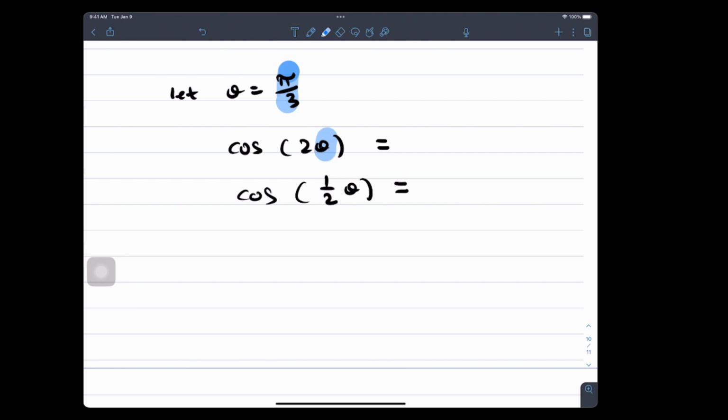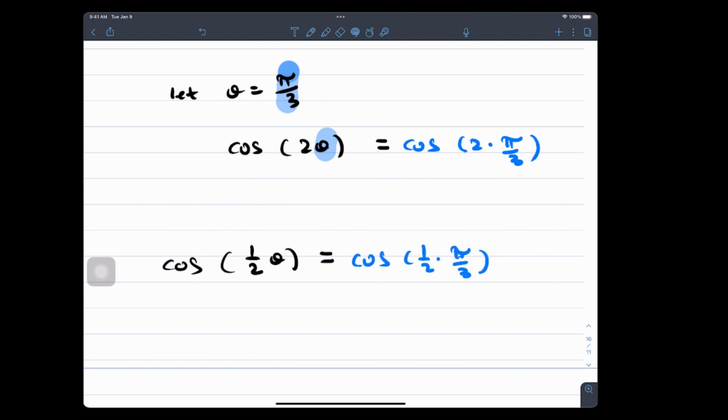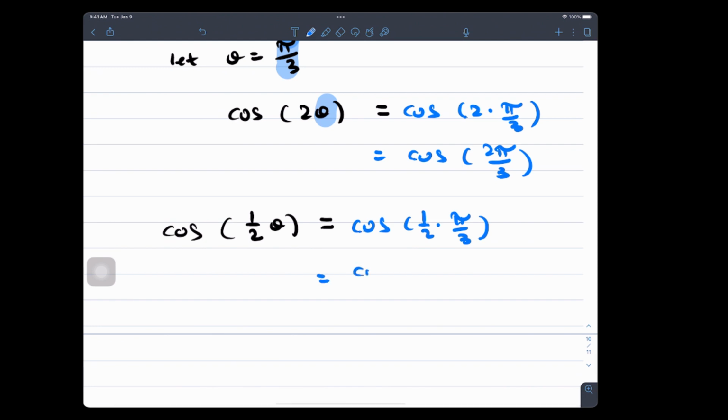So what's double pi over 3? That's cosine 2 times pi over 3. Is that right? And this will be cosine of what? 1/2 times pi over 3. So here they want you to answer what is cosine 2 pi over 3. And here they want you to answer what is cosine of pi over 6. Is that true?